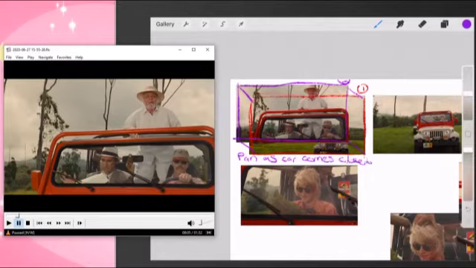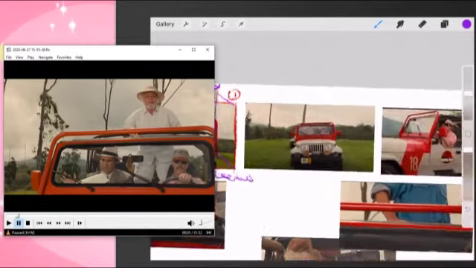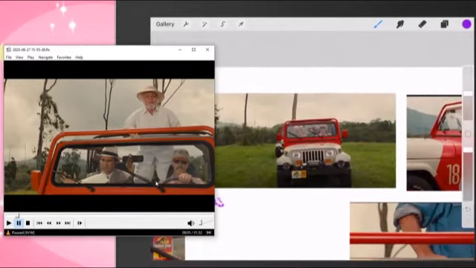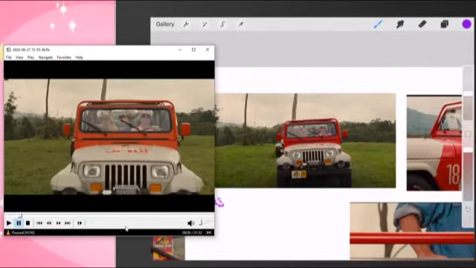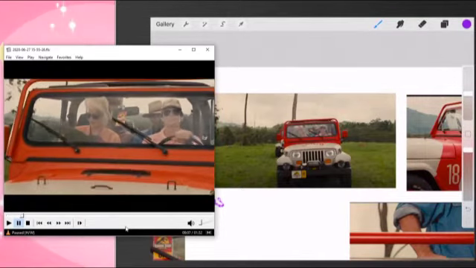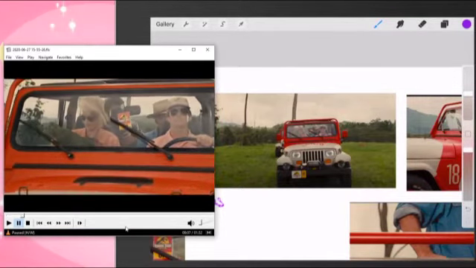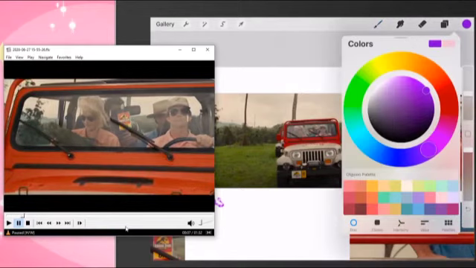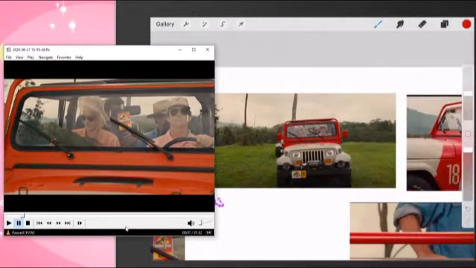So we do a pan as we come close on the Jeep. Now, in the second shot, we almost do the exact same thing, but the difference is we don't have any characters standing up. We just focus on the two characters in the front, and as you can see, both of them are not really paying attention to what's going on, and we don't really see what's going on with the characters behind them.